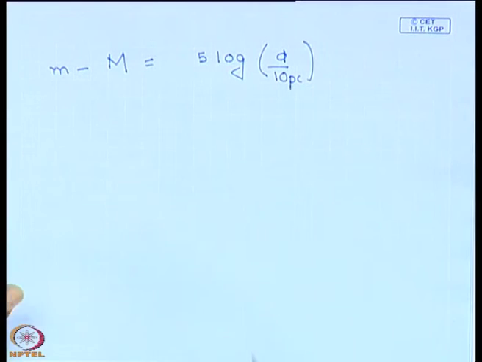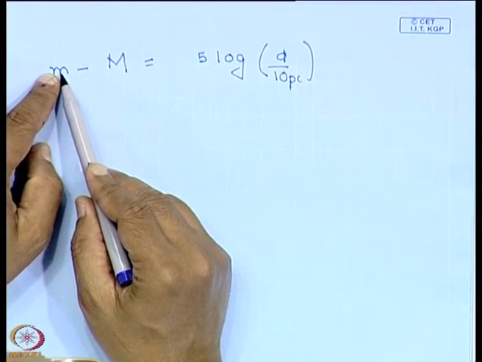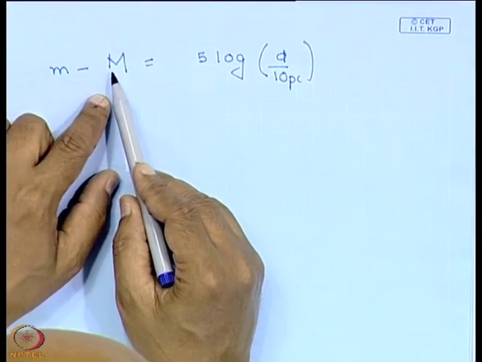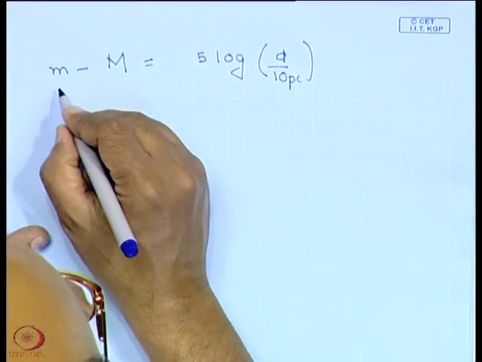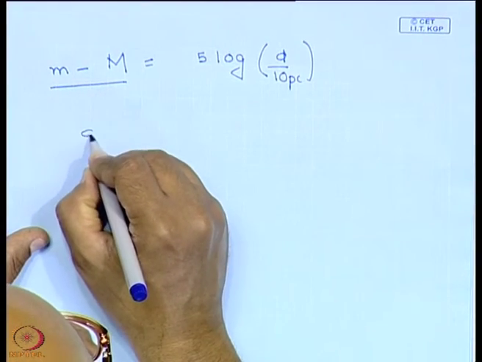So, this distance should be in parsecs, d. If I can measure the apparent magnitude of an object, and if I know its absolute magnitude, this gives an estimate of the distance to that object. This number is called the distance modulus.